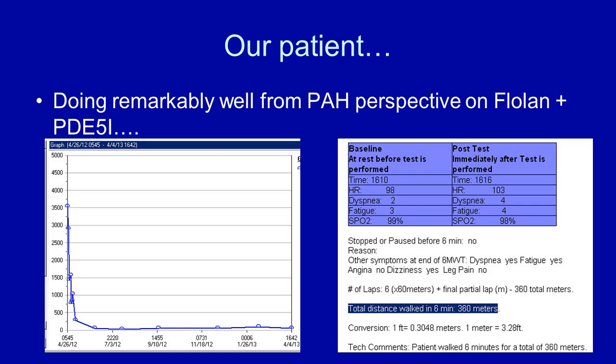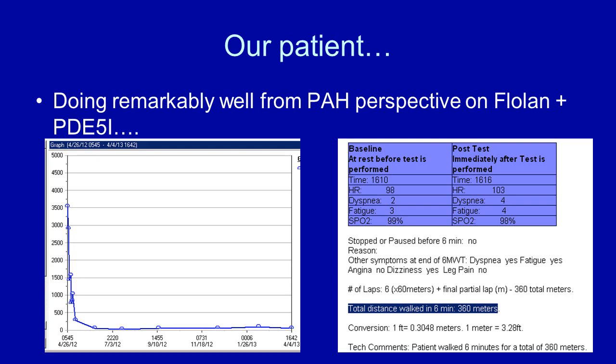You may remember his 6-minute walk test was 300 meters, and by the time that he started medical therapy, he was down to about 200 meters. And here we'd gotten him back to 360 meters. So as I said at the beginning, PAH is one of those pulmonary conditions that you can make a substantial difference in people's quality and duration of life, and I think he's a good example of that.